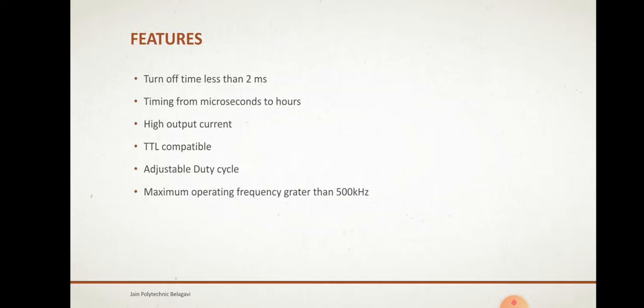There are different features for the timer ICs. Turn off time is less than 2 milliseconds, timing from microseconds to hours, high output currents, TTL compatibility, adjustable duty cycles, and maximum operating frequency greater than 500 kilohertz.